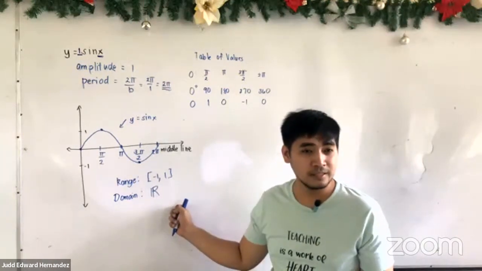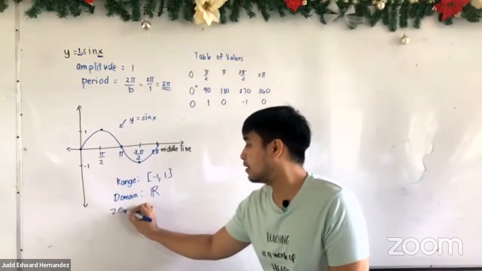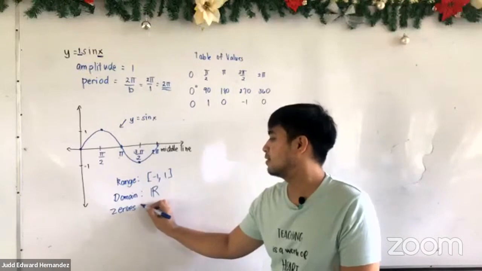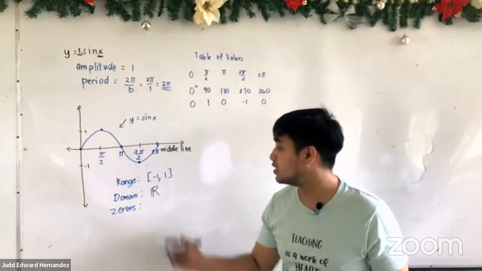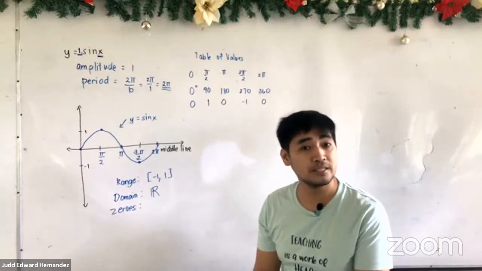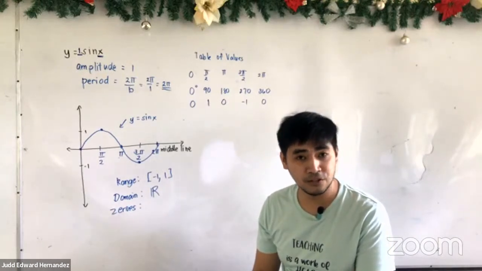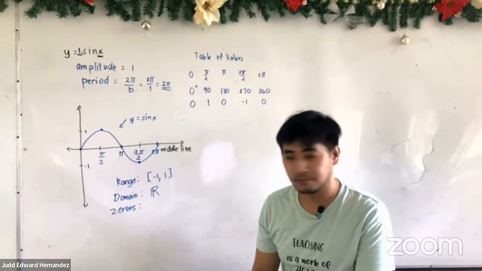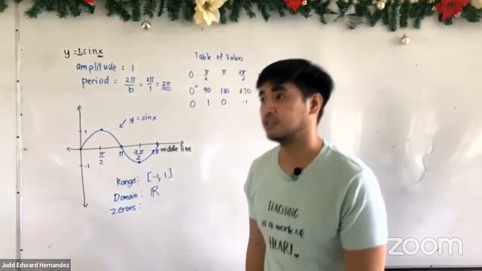Yes po. Opo. So, ano po yung mga zeros niya? Para alam niyo na din kung paano kumuha ng zeros kahit na hindi siya dapat for this one. So, what will be the zeros of the function?